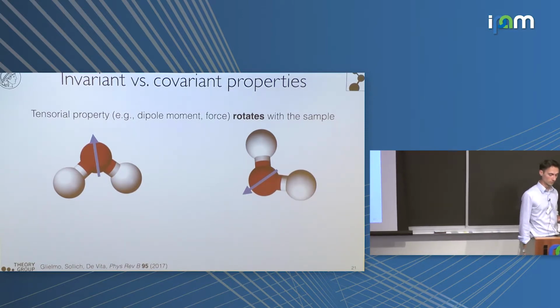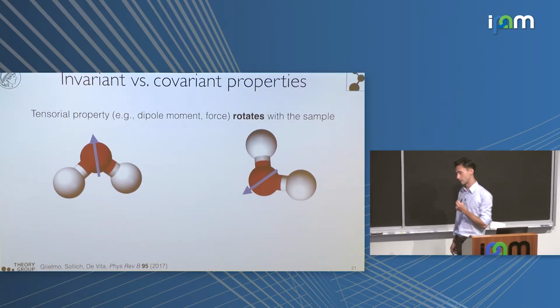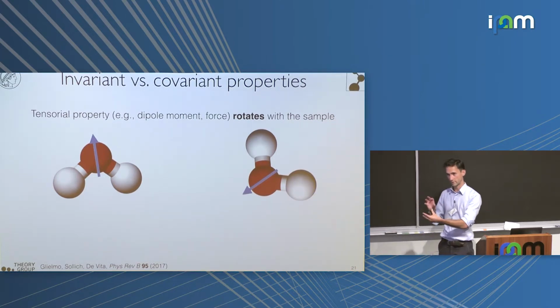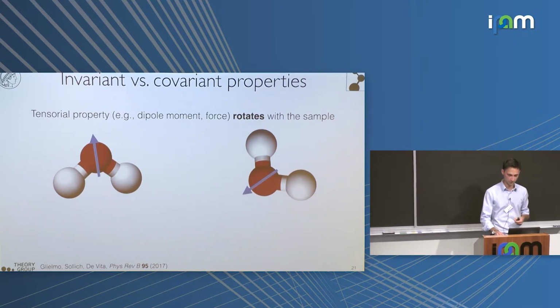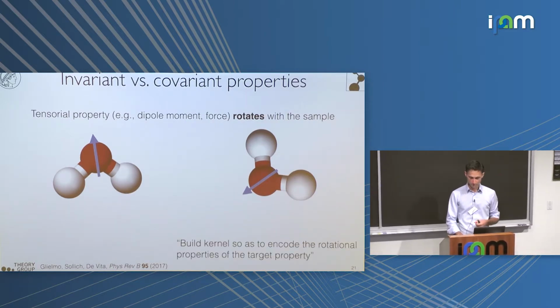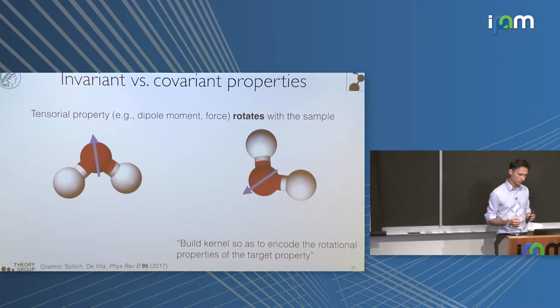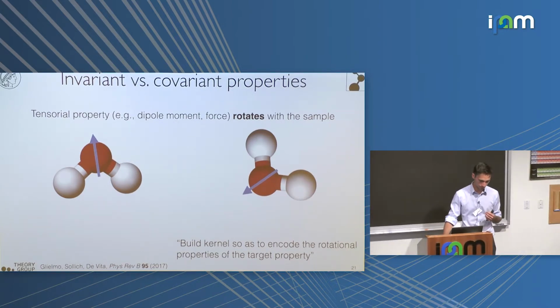So what you want now is this dipole moment not to be invariant to rotations, but covariant to rotations, as to how the sample rotates with the target property. And so in this particular case, building this covariance property into the machine learning model has been extremely useful.